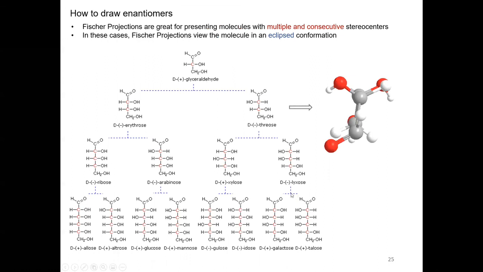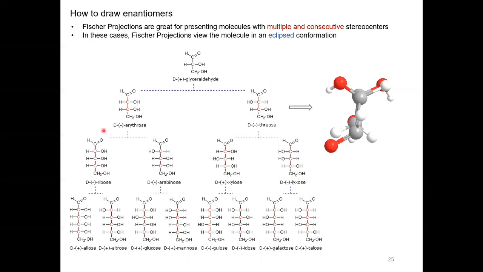And as I said, Fischer projections are really great for representing molecules with multiple, consecutive stereocenters. For example, all these types of sugars, like the 3-carbon, 4-carbon, 5-carbon, and 6-carbon sugars. You can see stereocenters 2, 3, 4.